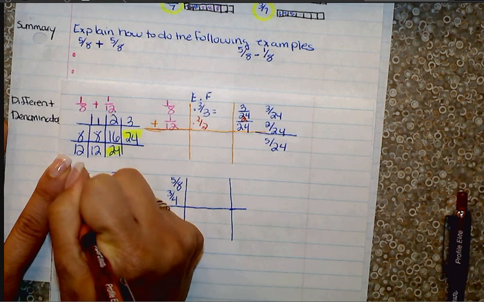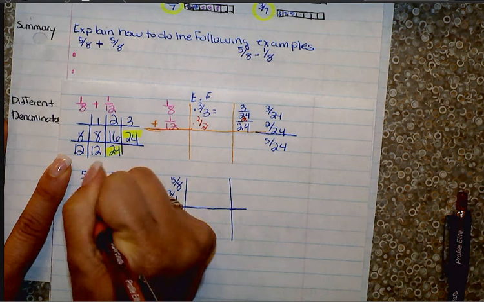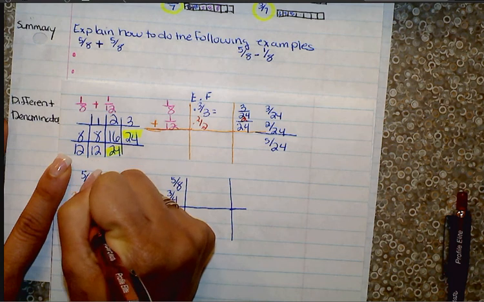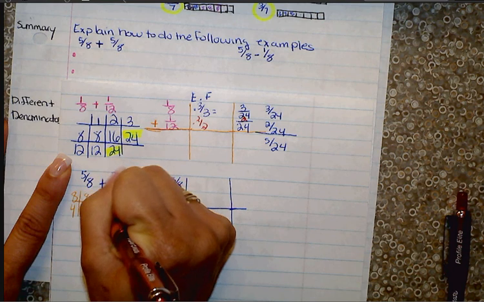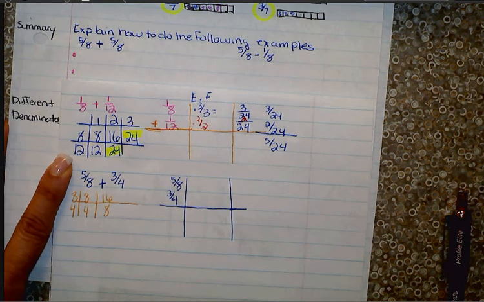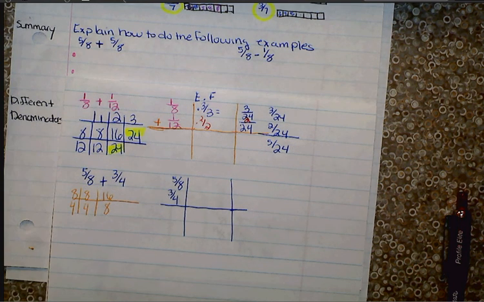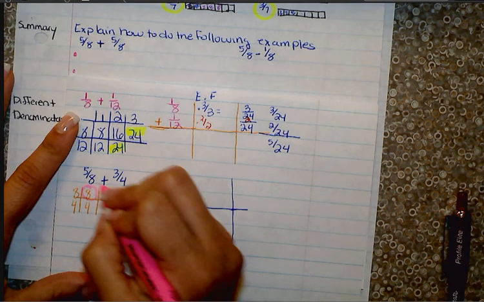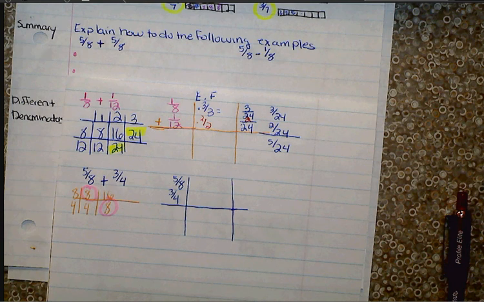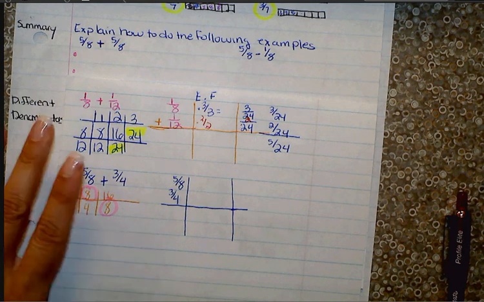Least common multiple. And then that's 16 and that's 8. What's my least common multiple? 16. Oh, it is 8. 16 is a common multiple, but it is not the least common multiple.